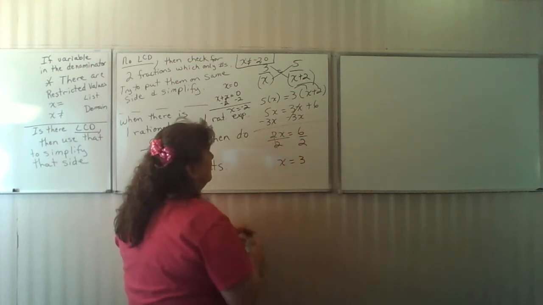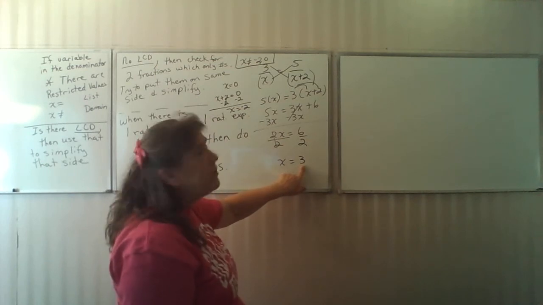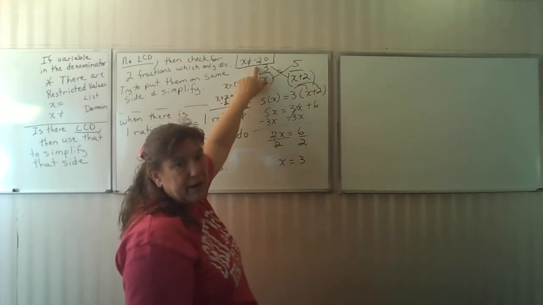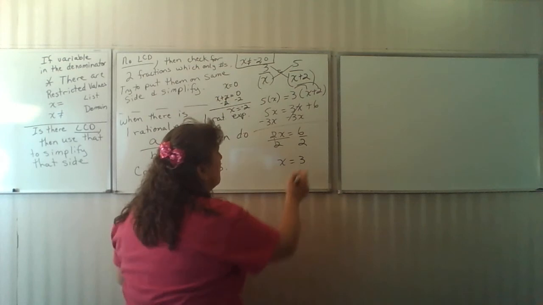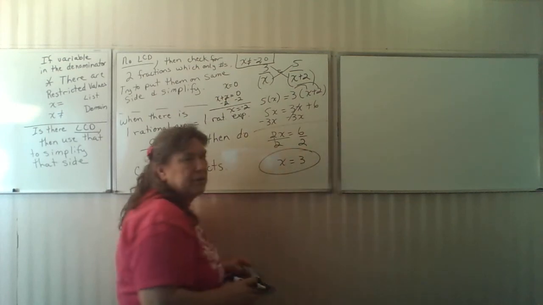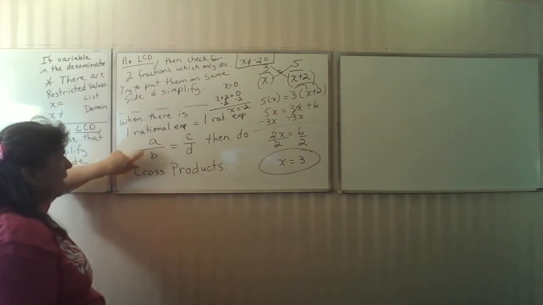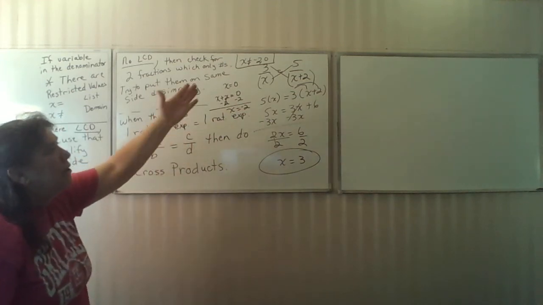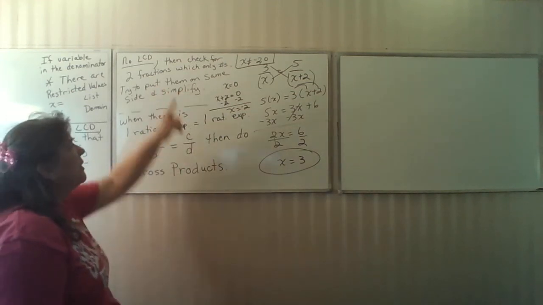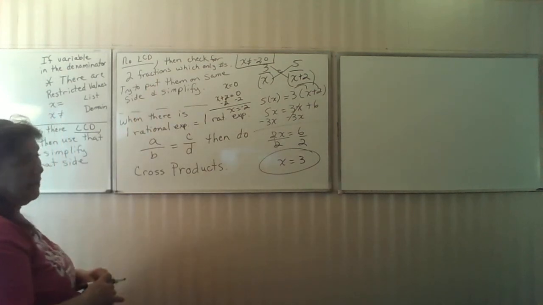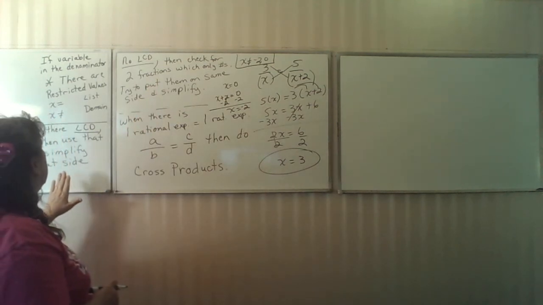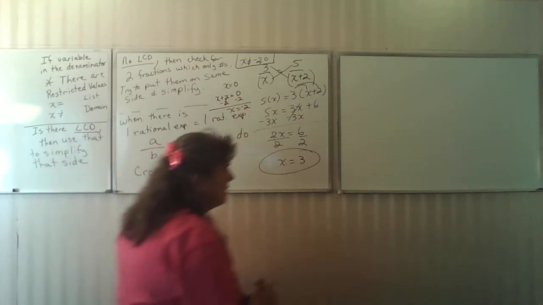Now check. Is that 3 one of the restricted values? No, it is not. Therefore, I have a valid answer. So this is an example of an A over B, C over D cross product after we got our restricted values, okay? So now let's look at an example with an LCD on the bottom.